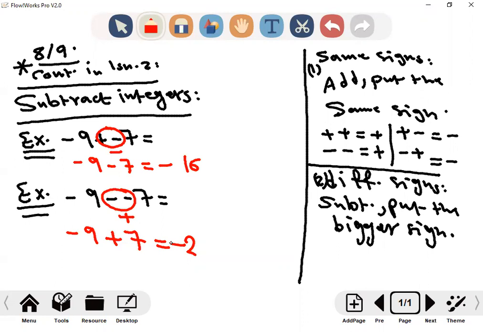Similar signs or different signs? Same signs, okay? So formula 1 or formula 2? Which one do we use here? The one that says if we have similar signs, we add them and put the same sign. Got it? Don't mix them up.